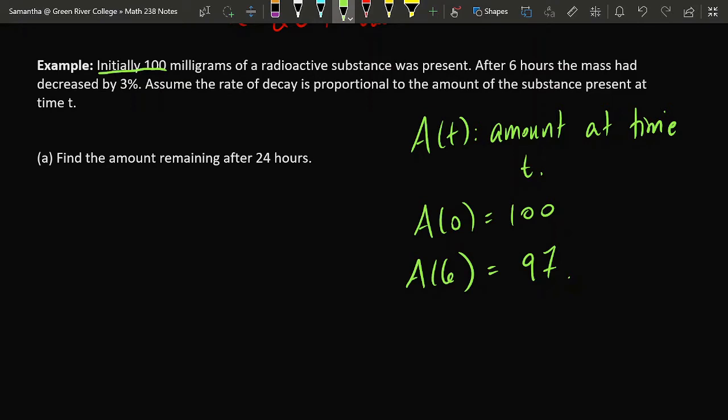So assume that the rate of decay is proportional to the amount of the substance present at time t. So the rate at which the amount is changing due to decay, which I'll simply call A prime for simplicity, is equal to some rate times the amount that is present, which is what we're calling A.